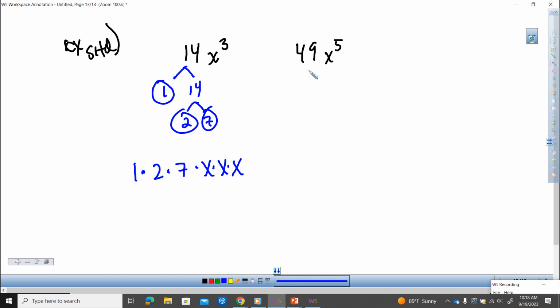All right. This one. 1 times 49. What divides 49, everyone? 7. 7 times 7. And we stop right there. So my factors are 1 times 7 times 7. And then we have x to the 5th.